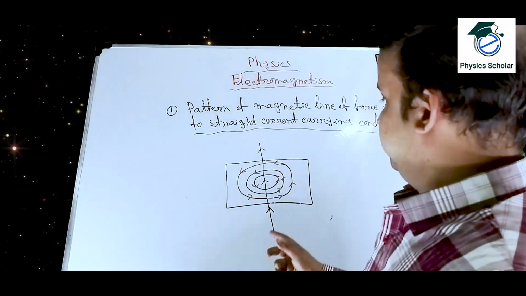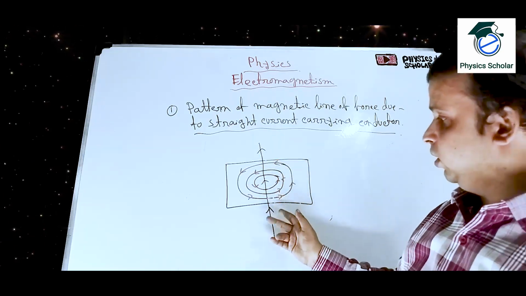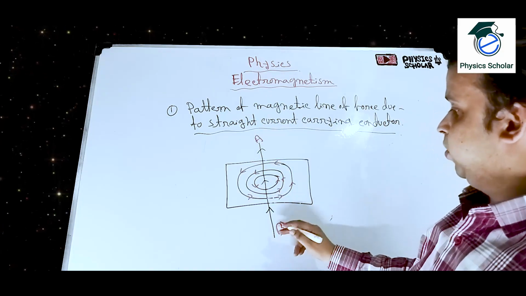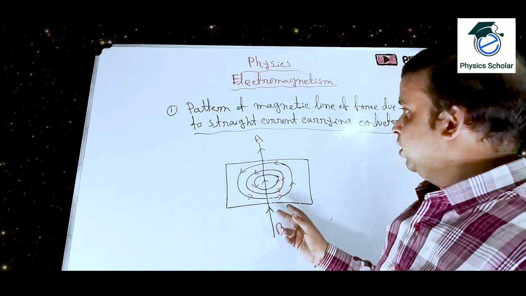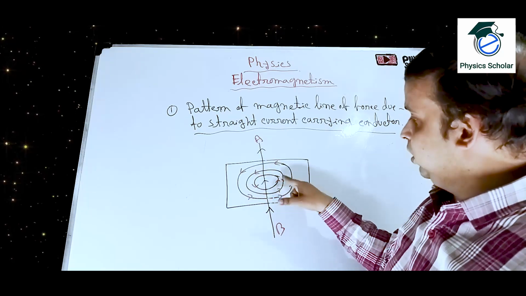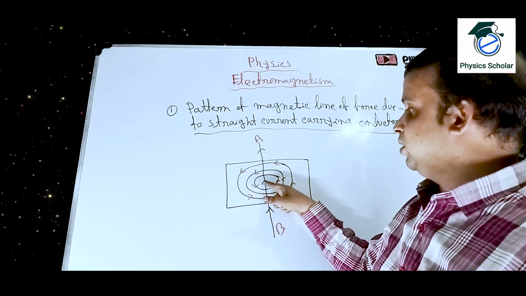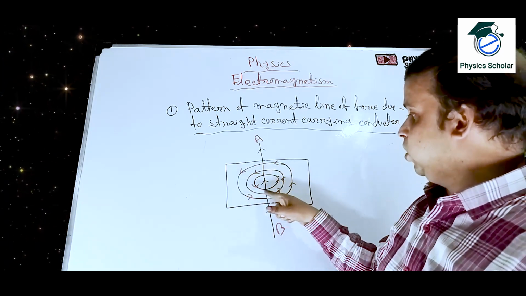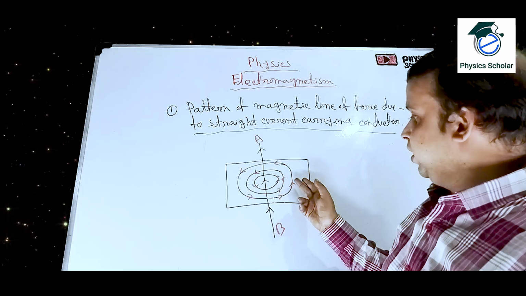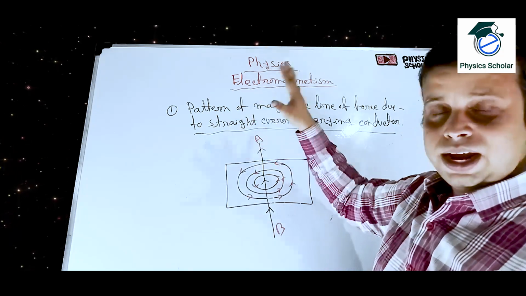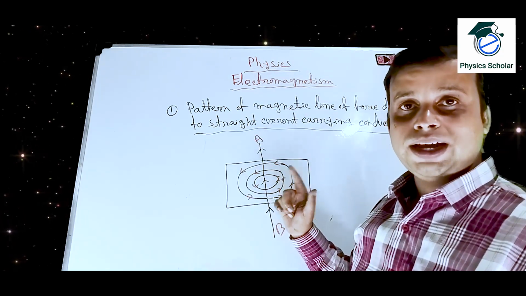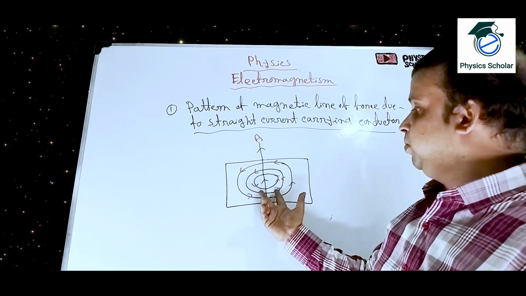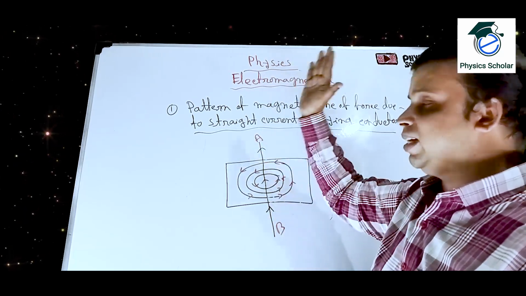If a straight current carrying conductor is conducting current from B to A, then all the magnetic lines of force will be concentric circles. That means their center will be the same, and the direction will obey the right hand grip rule or Maxwell's corkscrew rule. This will be the pattern of the magnetic line of force due to a straight current carrying conductor.